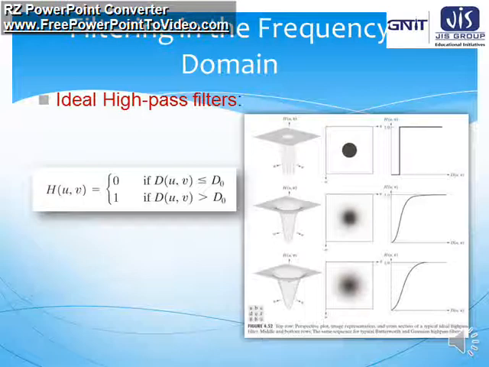Here in the top row, the perspective plot, image representation and cross section of a typical ideal high pass filter are given. The middle and bottom rows show the same sequence for typical Butterworth and Gaussian high pass filters. So these are some examples by which we can get an idea of the ideal high pass filter along with the Butterworth and Gaussian high pass filters.